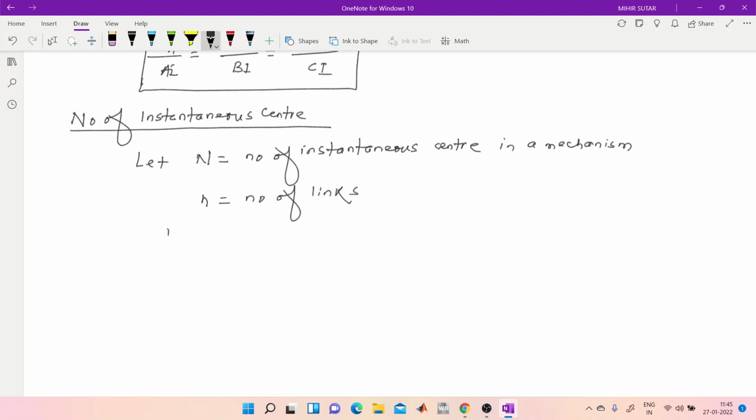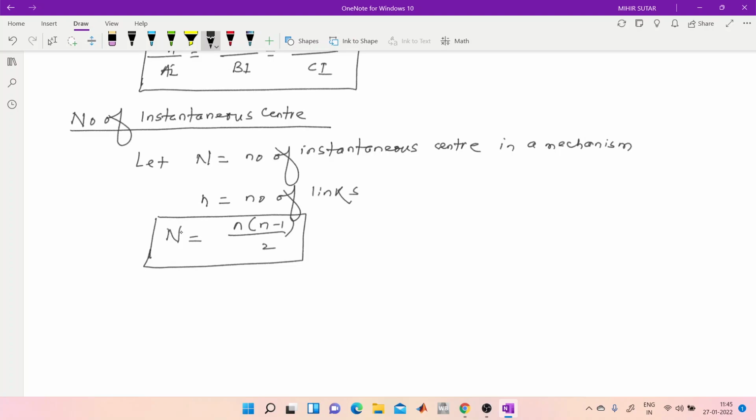In that case, our capital N number of instantaneous centers will be equal to n into n minus 1 divided by 2. This is the formula you should remember. Using this we can find out.